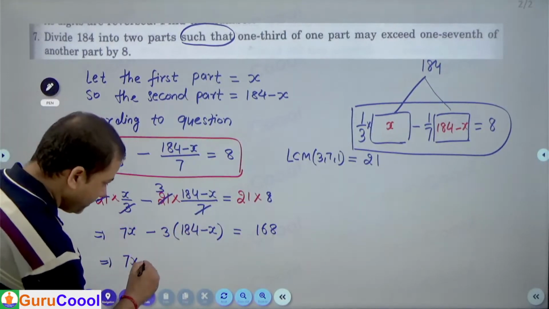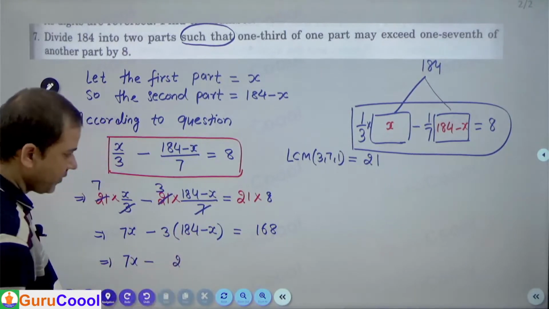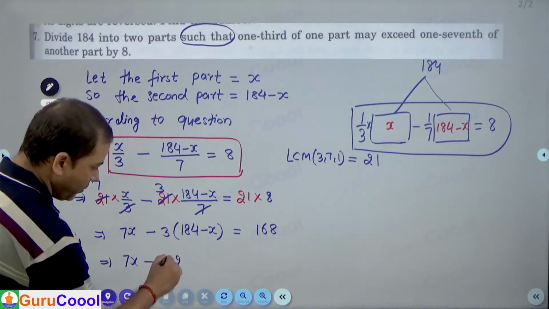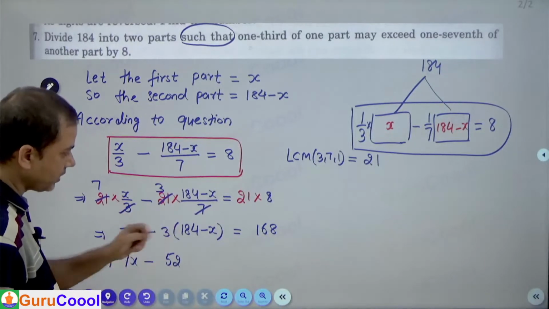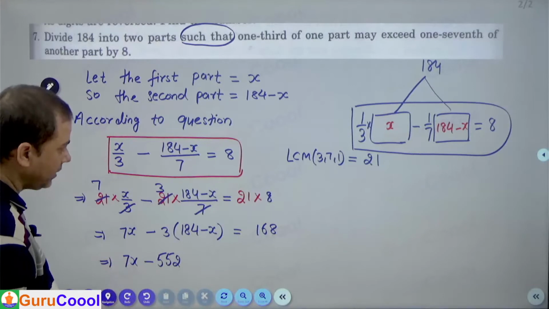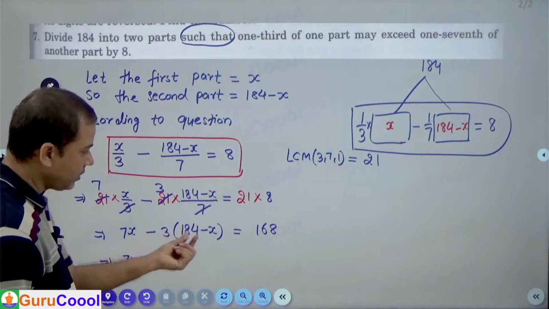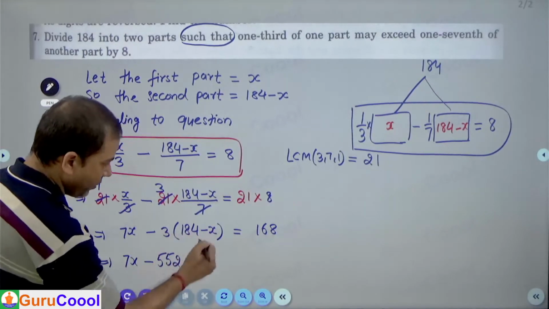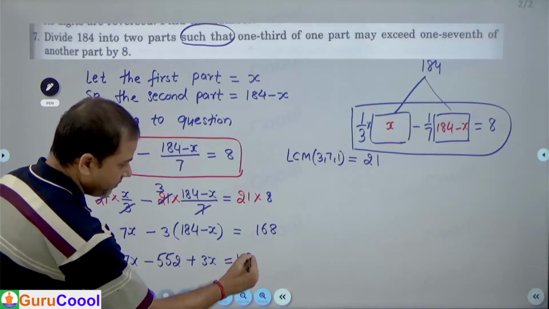How much? 3 4s are 12, 1 carries. 3 8s are 24 and 1 is 25, 5 comes, 2 carries. 3 1s are 3 and 2 is 5. 552. Correct? Now minus 3 into minus x. It is minus into minus, plus 3 into x, 3x. On the right side 168.